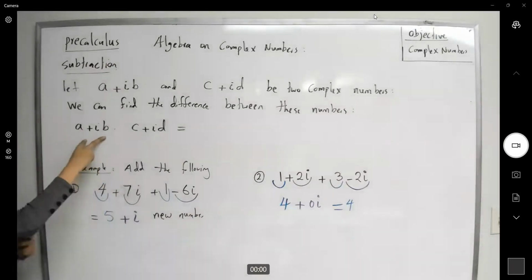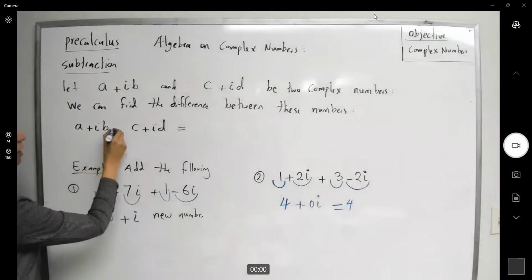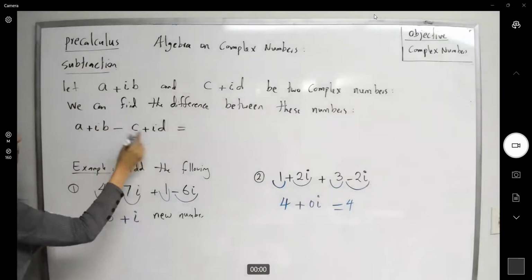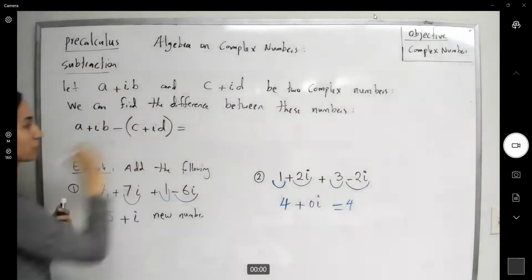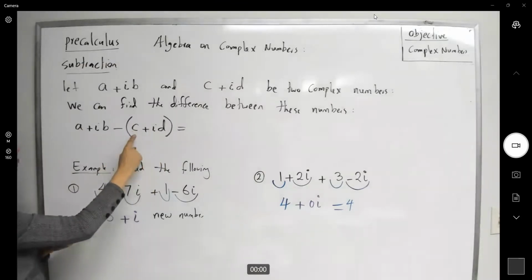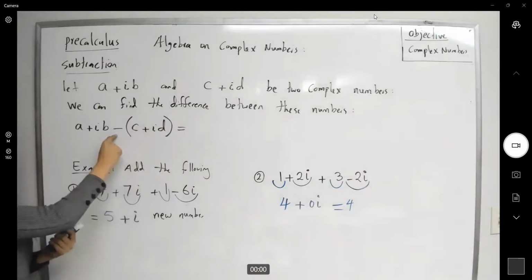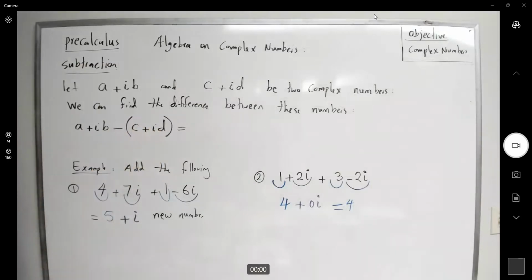You copy down your first complex number minus, and you have to put the second number in parentheses because it has 2 parts. It has a real part and it has an imaginary part. You have to distribute this minus sign into 2 parts.